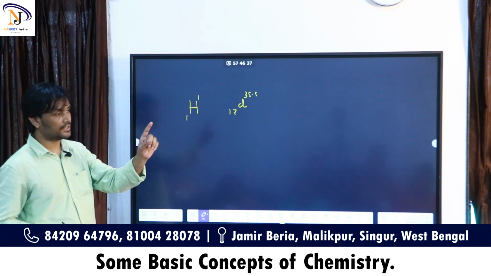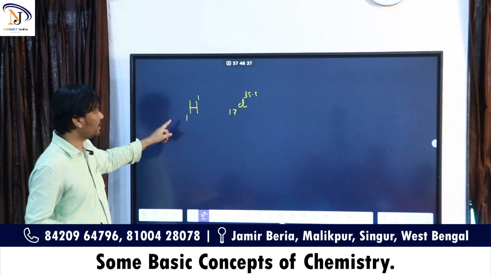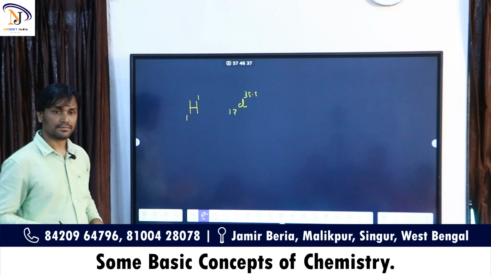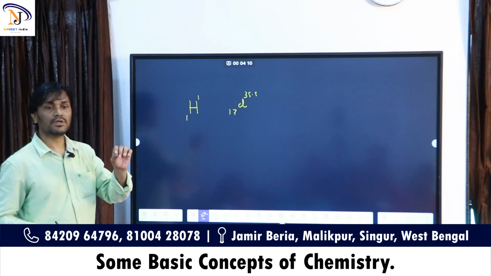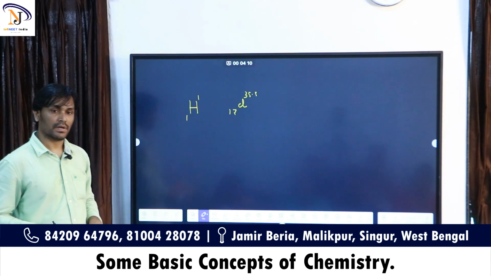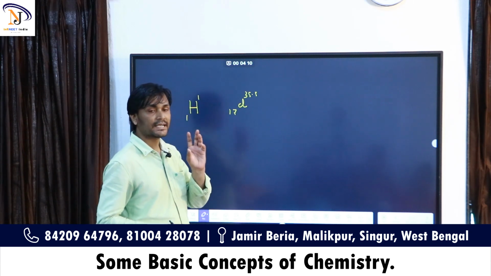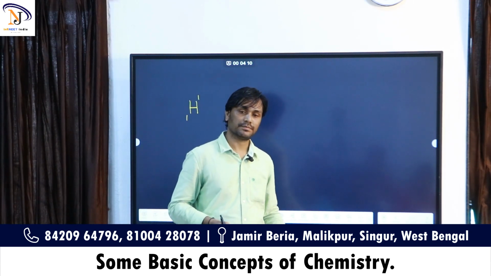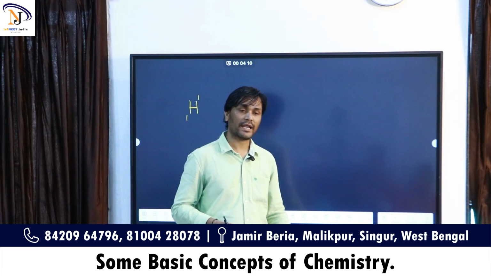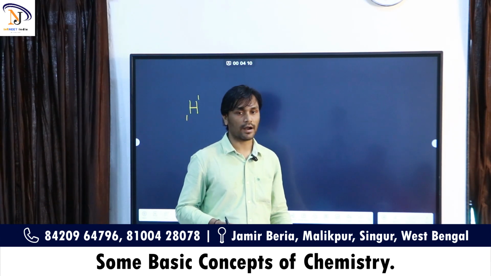First, you write the sign, then its atomic number, and then its mass number. When you need atomic mass, then you take the mass number. It is the primary expression of any type of element. You can express any element by these three terms.